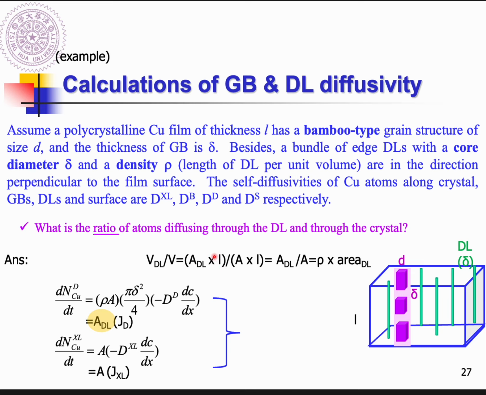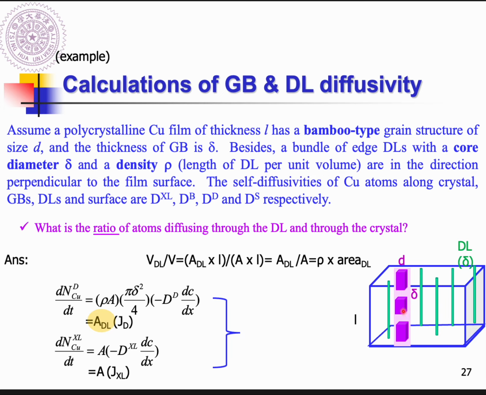So if you delete L, you get A_d L divided by A. Or you can just ignore this relationship, because for this case the volume fraction equals the area fraction, because the diffusion model here can be considered a two-dimensional diffusion case, right? Because we just focus on the diffusion along this direction.